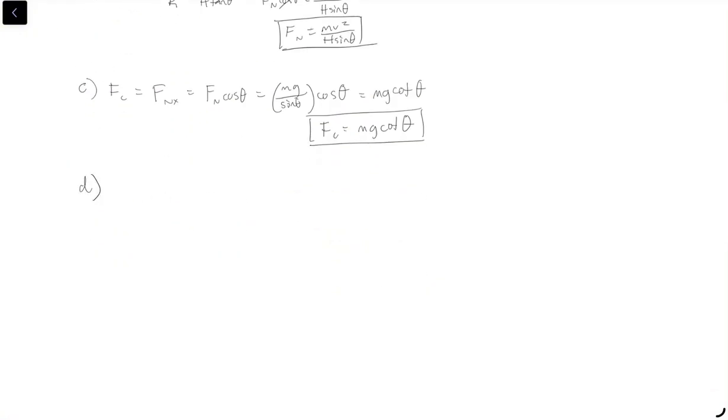For part D, we have Fc now, which is mg cotangent theta, but we also know that Fc equals mv squared over r, or mv squared over h tangent. And then we can set those as equal to each other. And then here m will cancel out, and we want to solve for v, so we bring this up.